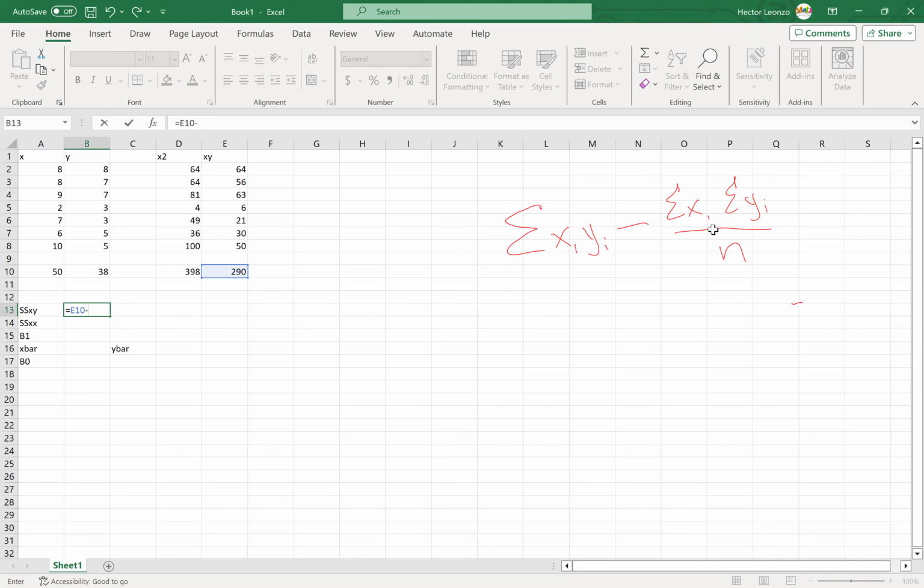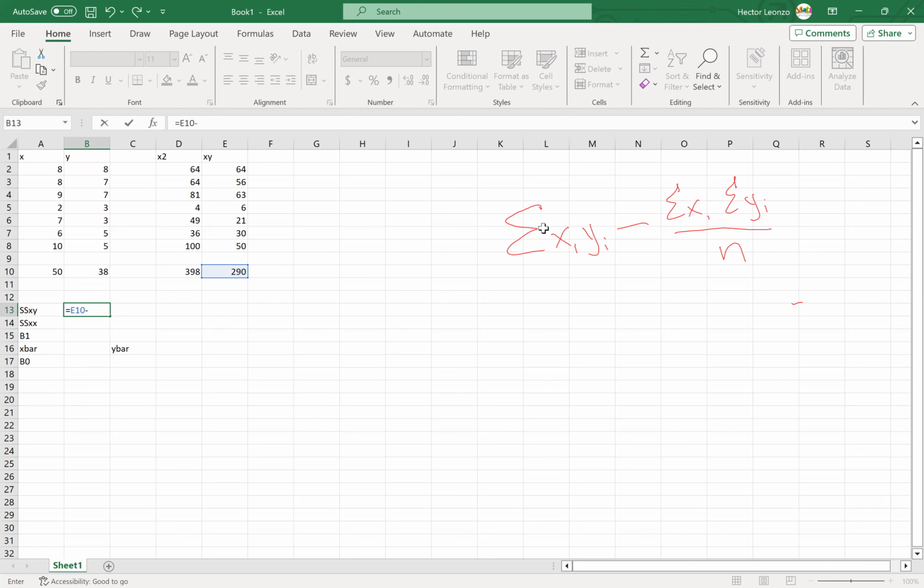Now the fraction, I don't need to write it that complicated. I just need to tell Excel that it is a division. So what I'm going to do, I see I have multiplication on the top. I have two values that I multiplied and then I divided by n. So I'm literally going to write it like that.